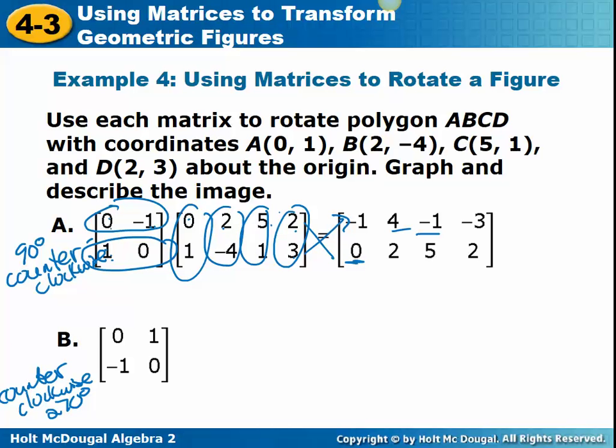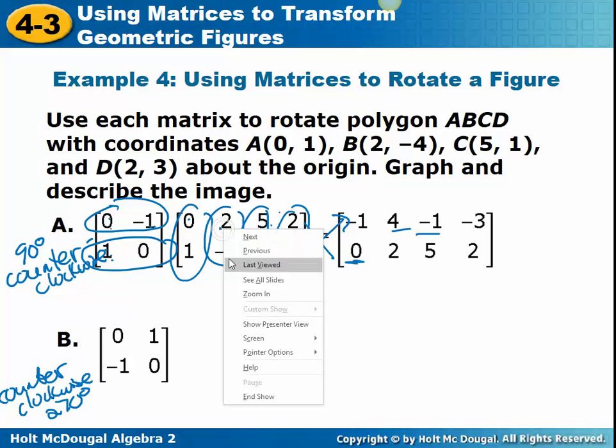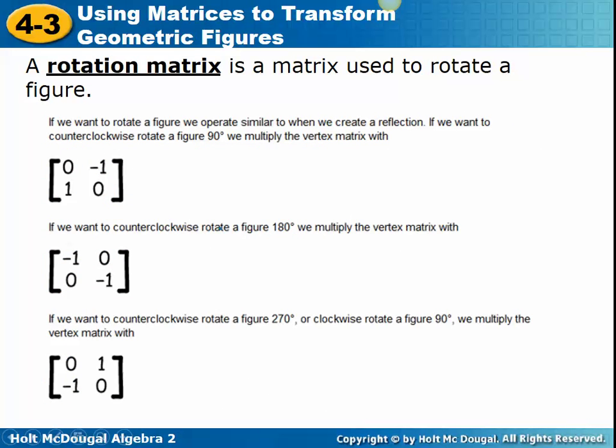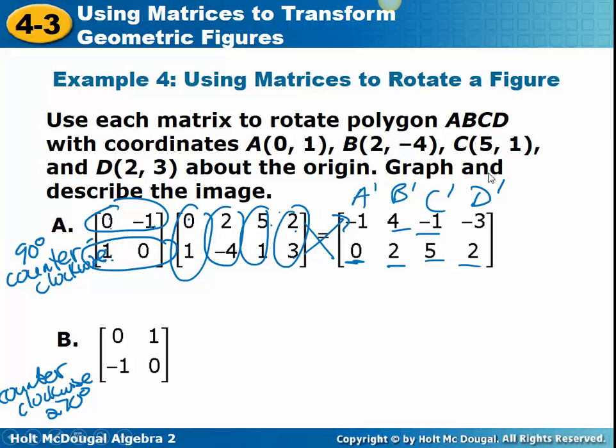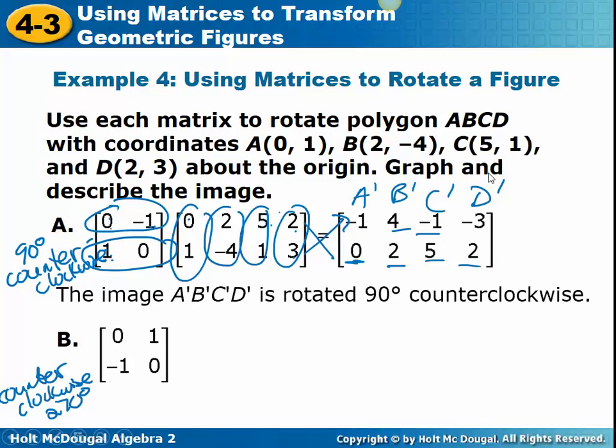And then 1 times 2 is 2, plus 0. So that's the 2. So you can see the numbers from the top row are coming down here. And then 1 times 5 is 5, plus 0. And then 1 times 2 is 2, plus 0.